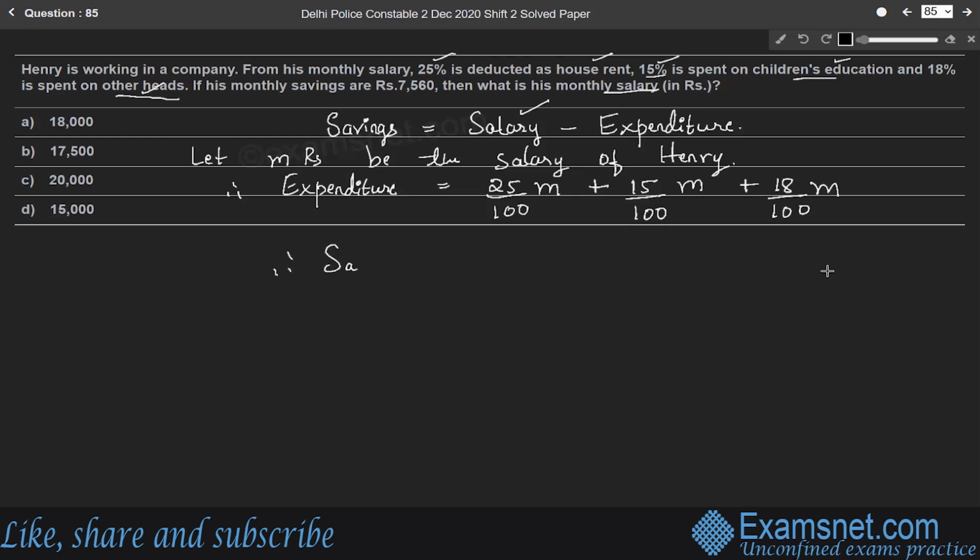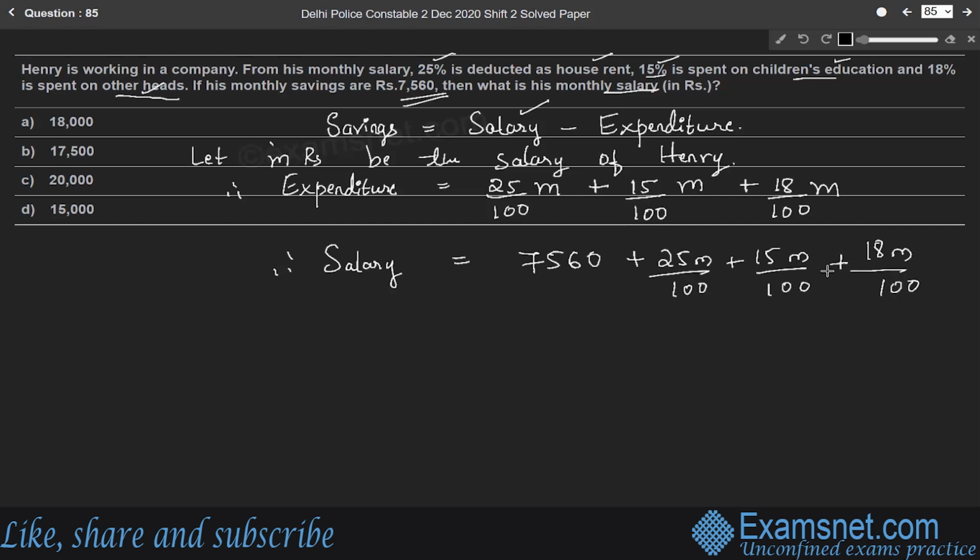Therefore, salary is equal to, what is savings given here? 7,560 plus expenditure is 25m by 100 plus 15m by 100 plus 18m by 100.